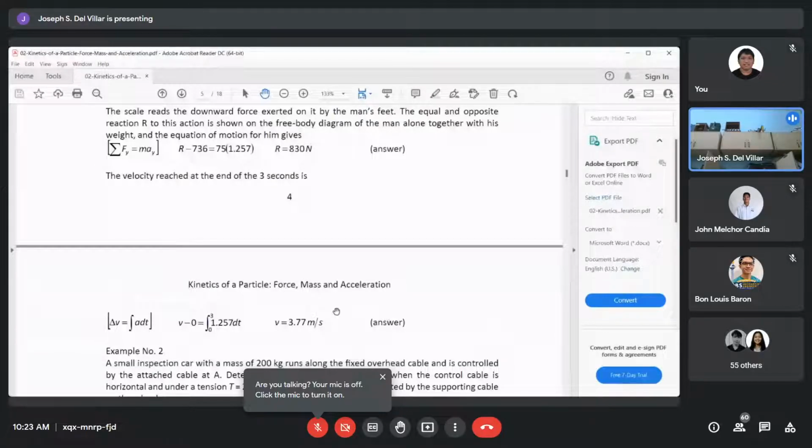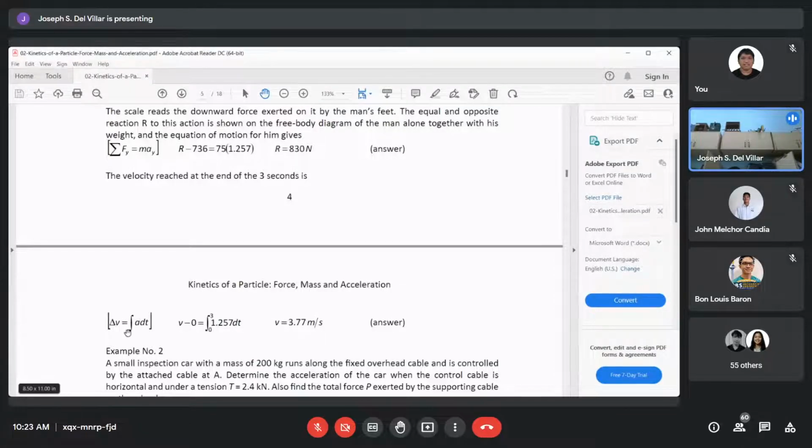Di ba yung acceleration is derivative of velocity with respect to time, okay? So if we are going to represent delta V as dV, parehas din yun, no? So dV is equal to A dt. From the equation A is equal to dV over dt.